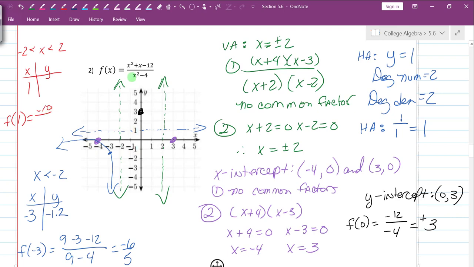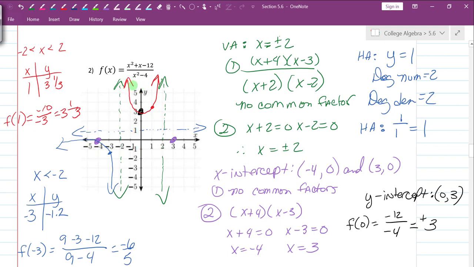And then again, 1 squared is 1. 1 minus 4 is going to give me negative 3. So I end up with a positive 3 1/3. So 1 and then 3 1/3 is like this. And I'm going to find that this looks something like this.